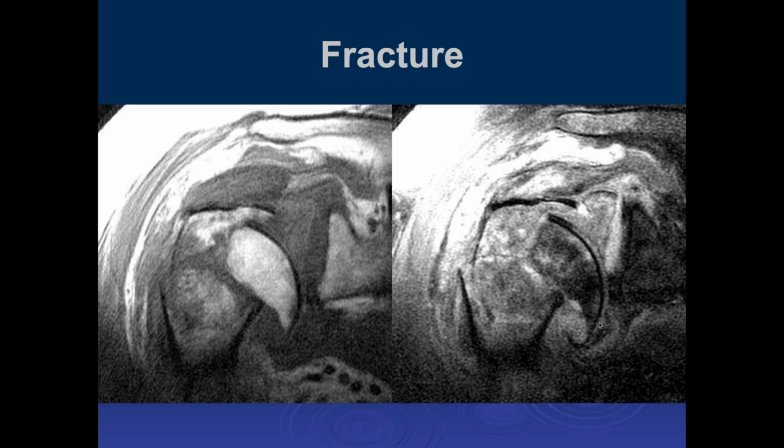We can see some superior displacement of the dominant distal fracture fragment. And there's some fracture overriding as well of that greater tuberosity fragment. I have a feeling, if I was to guess, that this is a patient in the late 60s or 70s, and this patient would get a shoulder prosthesis.